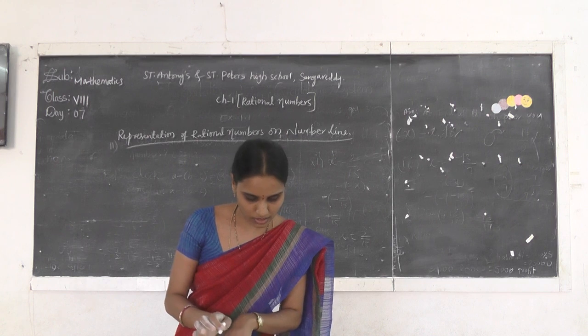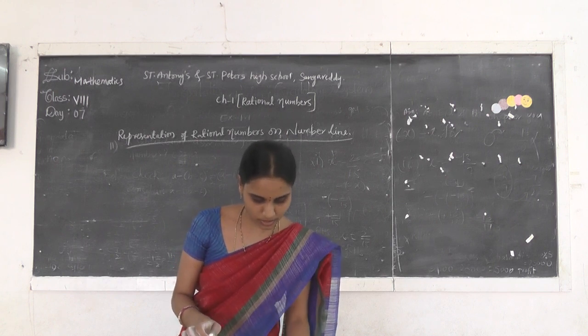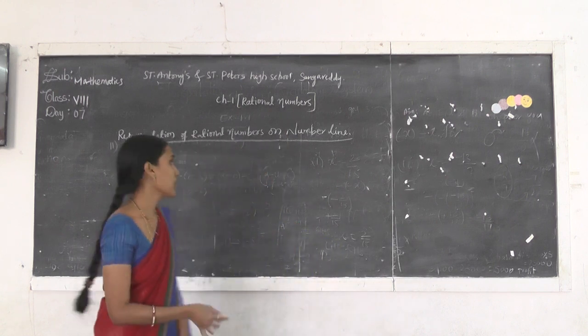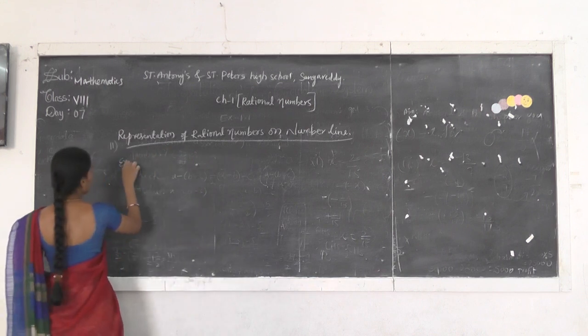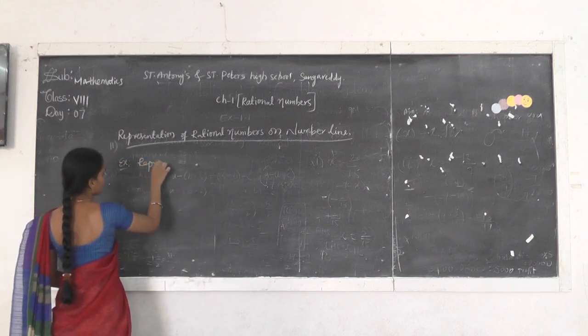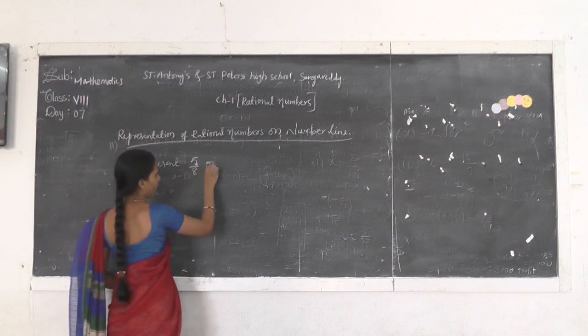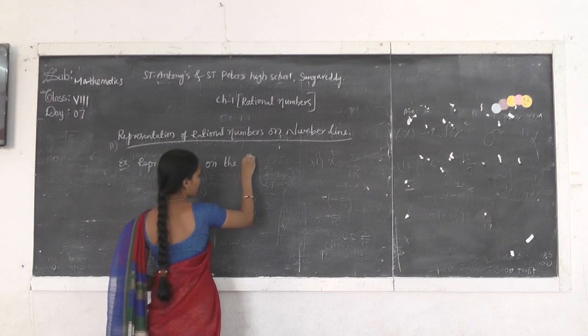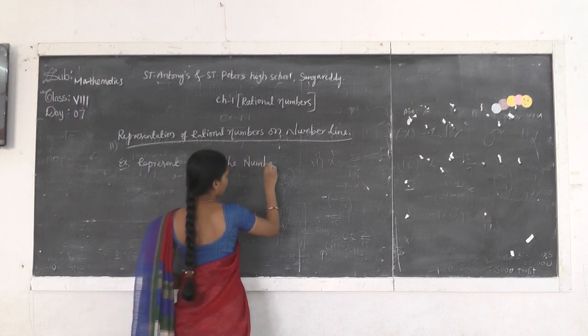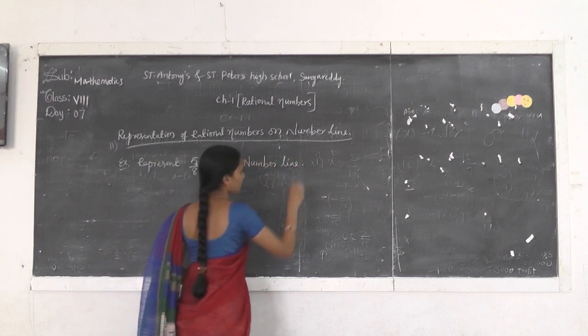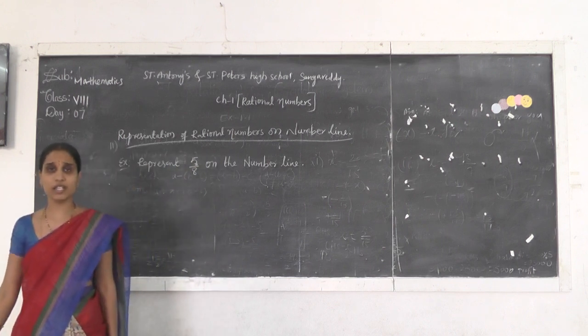Let me explain using one example. For example, represent 5 by 8 on the number line.